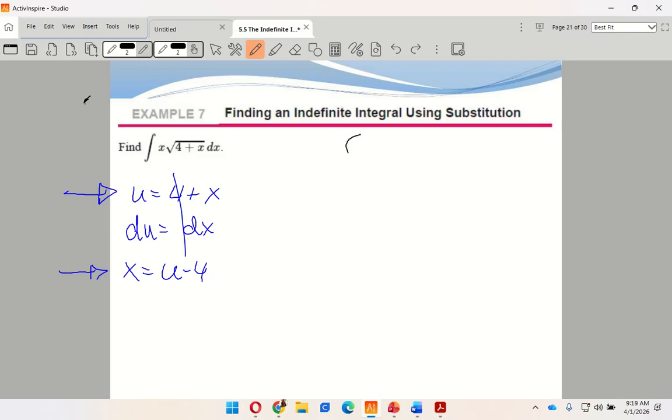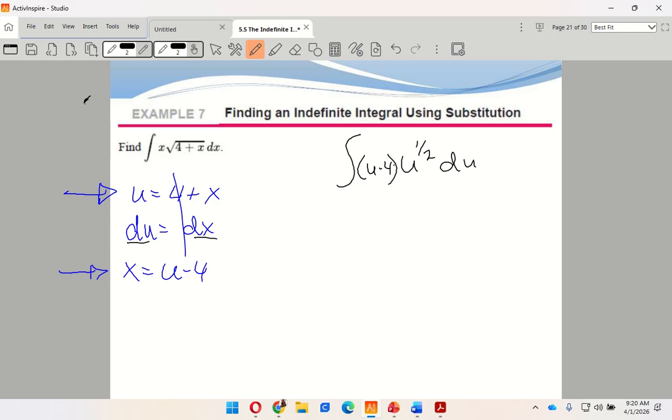If I rewrite this, I'm going to have integration du dx, so there's no real substituting for that. This is going to be u to the 1/2 times x, which I replace with u minus 4, du.